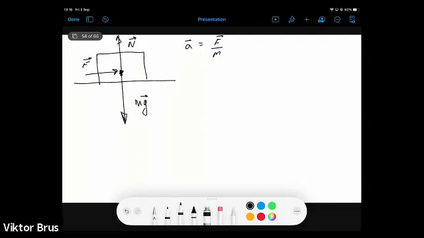However, experience tells us that it doesn't happen so easily. You can apply some force to a body, to some box, but it doesn't start to slide immediately. There is some initial static friction. So it's called static friction force. It is oriented in the opposite direction to the applied force.